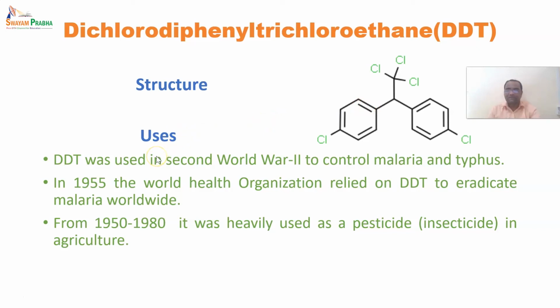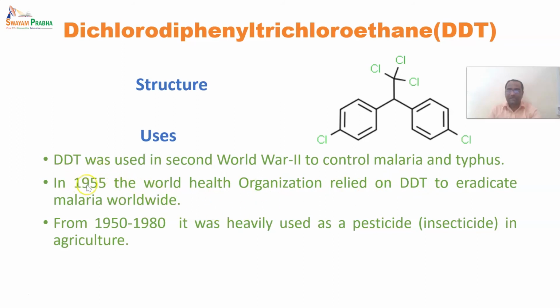It was very beneficial to control malaria and typhus in World War II. So it controlled malaria and typhus. And after the World War, after 1945, to eradicate malaria, WHO thought to use DDT to eradicate malaria completely from the world.